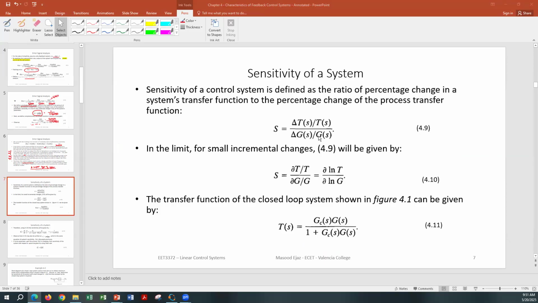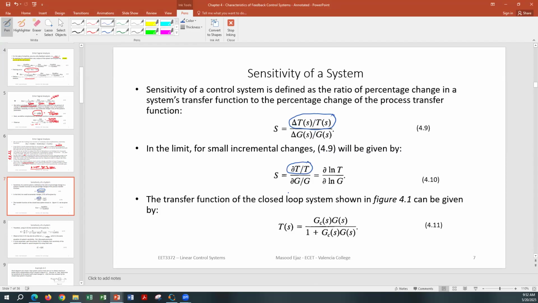This is given in terms of, of course, delta function, but the derivative is also given. So it is the ratio of the percentage change in the system's transfer function, which is in the numerator, that is derivative of T(s) with respect to T(s), or delta T(s) over T(s). This is, of course, if the change is large, and this is if the change is small.